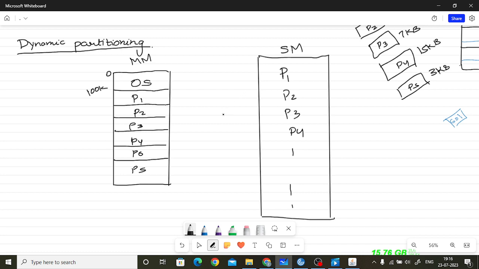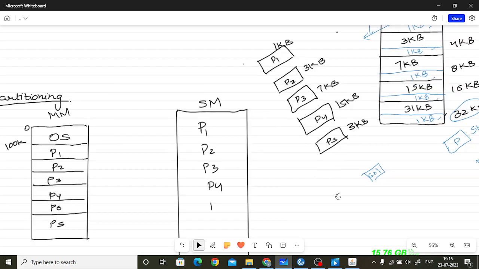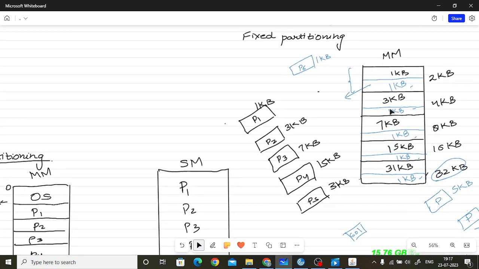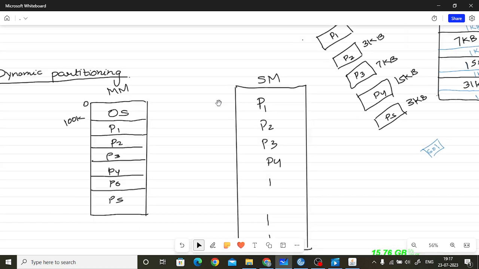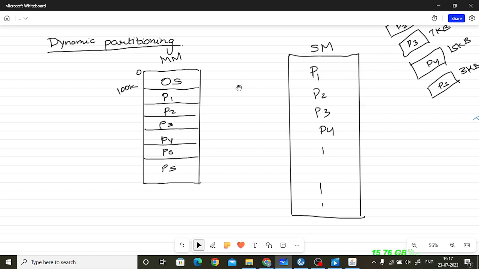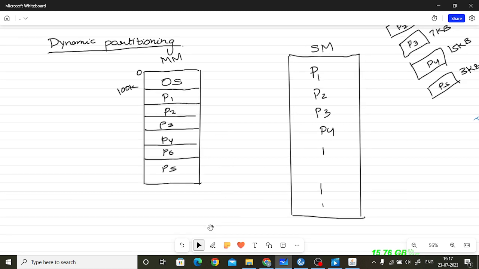So do we have internal fragmentation in this, as we have in fixed size partitioning? In fixed size partitioning we have internal fragmentation, where 1 KB of free space will be of no use. So do we have the same kind of condition in dynamic partitioning? The answer is no, because we do not have internal fragmentation. Why would we have internal fragmentation?